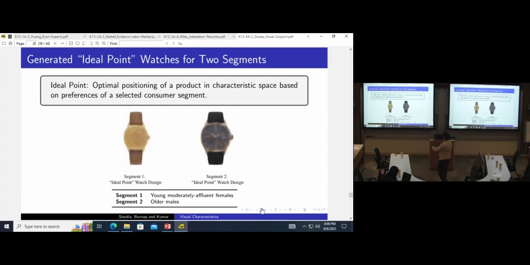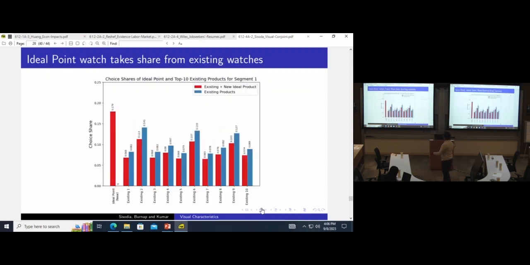Then we wanted to say, suppose this ideal watch had been available to our respondents, how much choice share would it take away from all the existing watches in the market? Just to validate the ideal point, indeed it was taking a lot of share away from the top 10 watches that were preferred by segment 1.